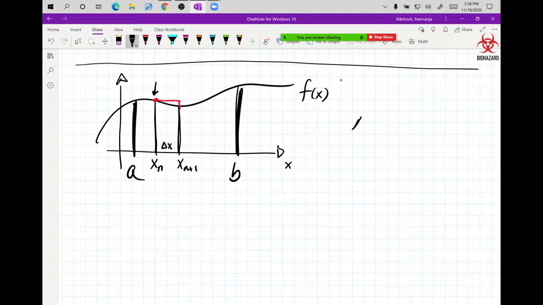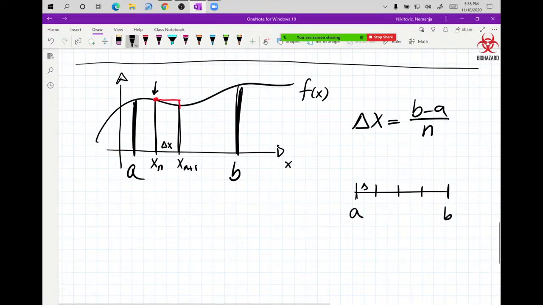It's very simple to understand that delta x is b minus a divided by the number of rectangles. Because if you have your a and b like this, and then you do divisions inside, you say, I have 1, 2, 3, 4 divisions. So each one of these delta x's is supposed to be the same width. It doesn't have to be, but for simplicity of calculations, we always make it the same.